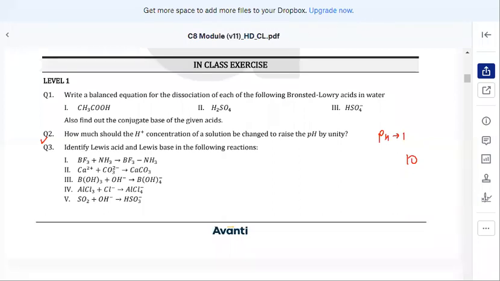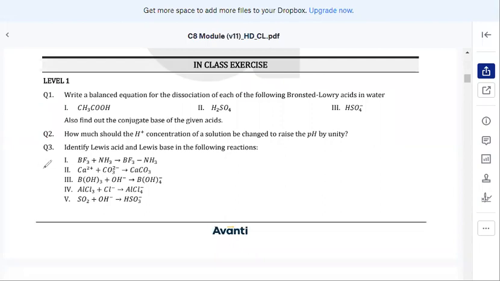Because it is log base 10. So either you increase by 10 times or decrease by 10 times, because it doesn't say whether it should increase or decrease. So it's just 10 times. Okay, right?